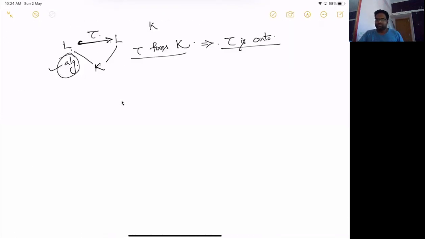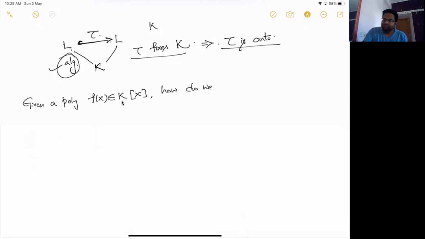Because we were talking about the minimal polynomial, let us see how, given a polynomial f of x in K[x], we know it is irreducible. Why do you want to do that?